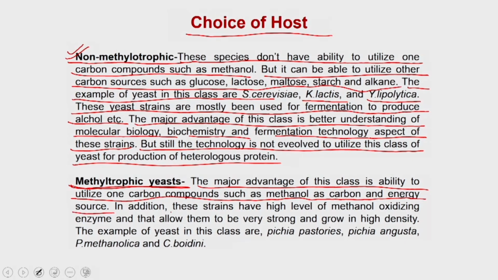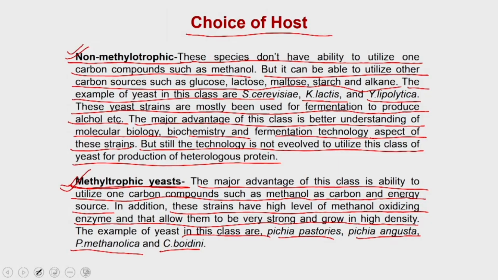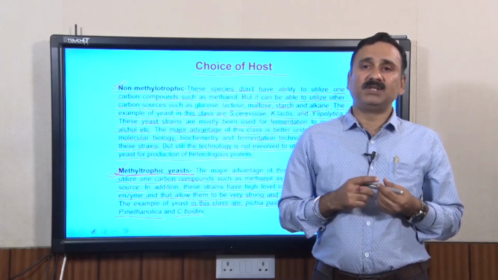In addition, these strains have a high level of methanol oxidizing enzyme, and that allows them to be very strong and grow to a high density. Examples of yeast in this class are Pichia pastoris, Pichia angusta, Pichia methanolica and C. boidinii. So, these are the methylotrophic strains which people very often use for protein production.